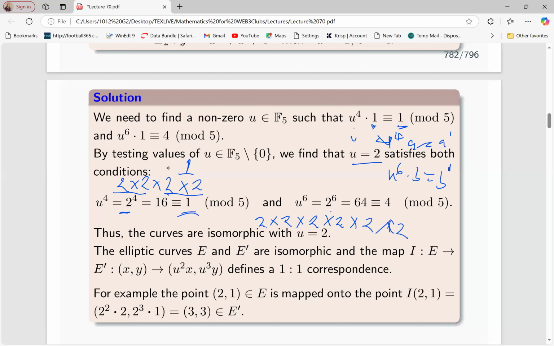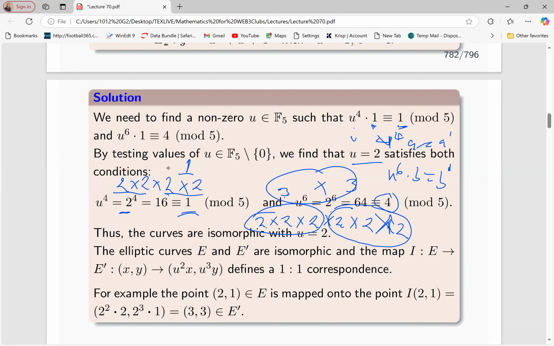This is 8. Mod 5, this would be 3. And this is another 8. Mod 5, this again would be 3. This is 9, which is again 4. Yeah, that is correct.